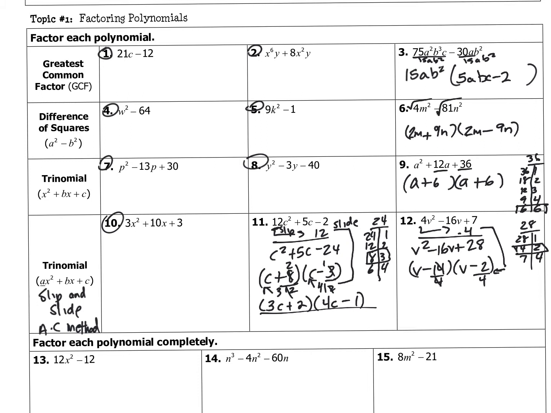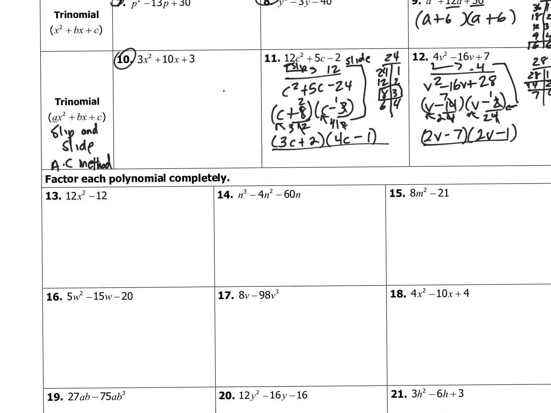This will reduce to 7/2, and this will reduce to 1/2. And then I'm going to take that denominator and slide it just a little bit further. So I get 2V minus 7 times 2V minus 1. That is our answer. All right, moving on.